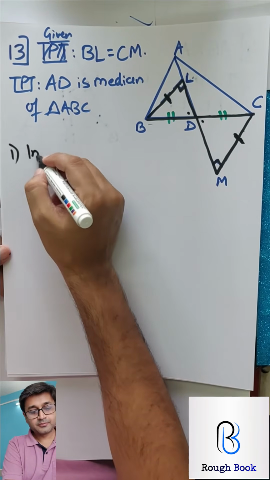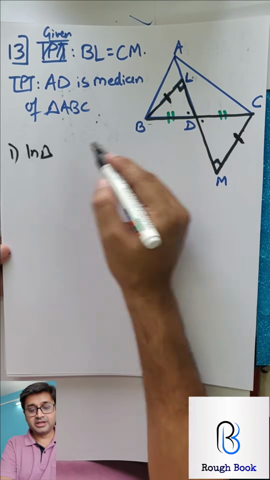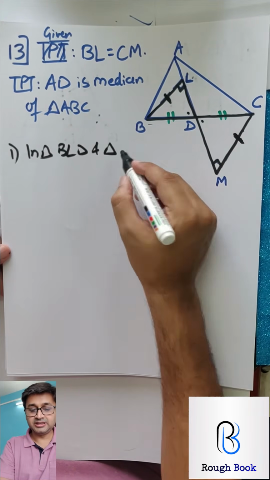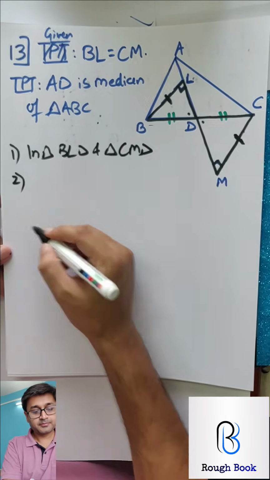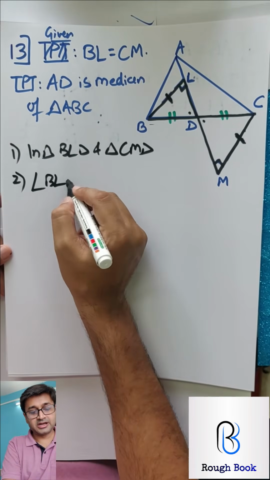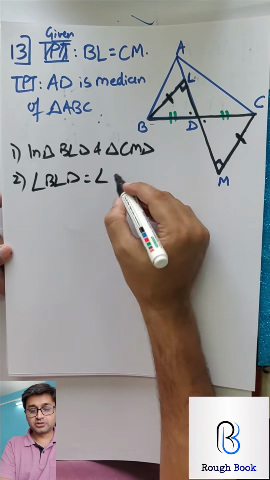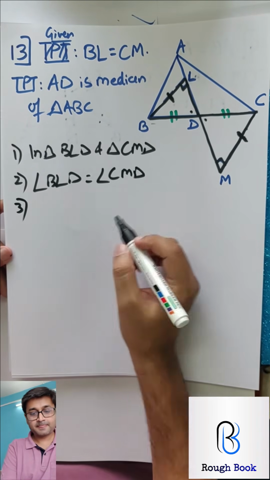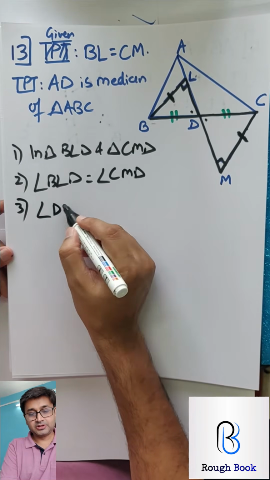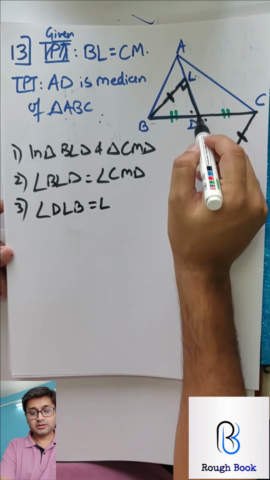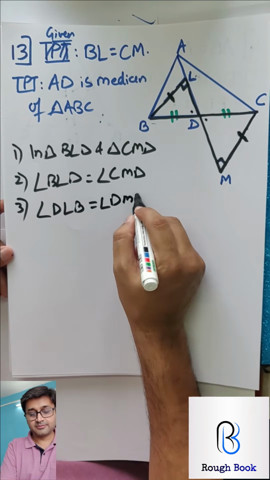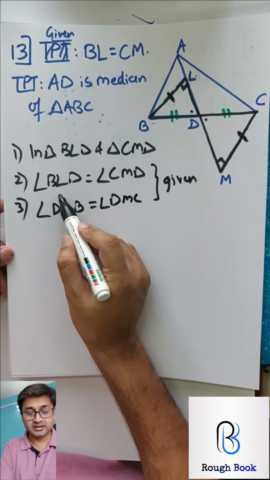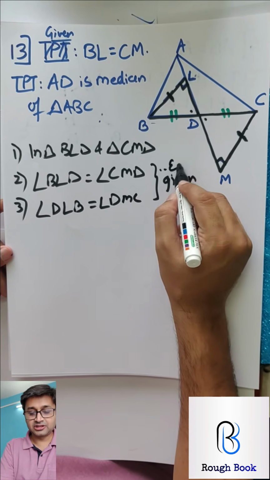So step 1, in triangle BLD and triangle CMD. First one, angle BLD equals CMD. Next, angle DLB, DMC, both are each 90.